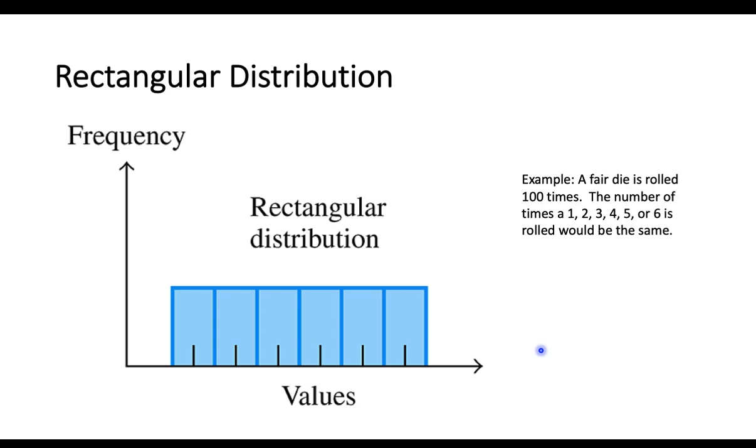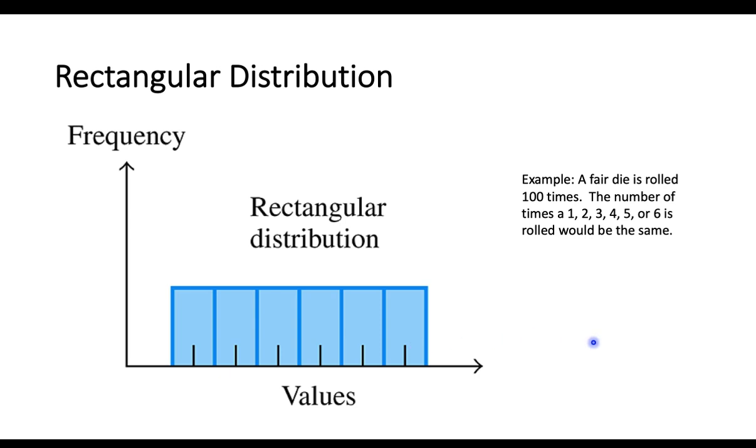So an example of that would be if we rolled a fair die like 100 times. We would expect the number of times a 1, a 2, a 3, a 4, a 5, or a 6 would be rolled would be the same for all of those values. So the frequency should be the same if we roll a 1, a 2, a 3, a 4, a 5, or a 6. So that would be a rectangular distribution.